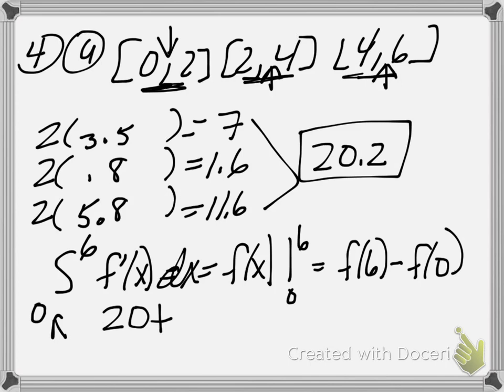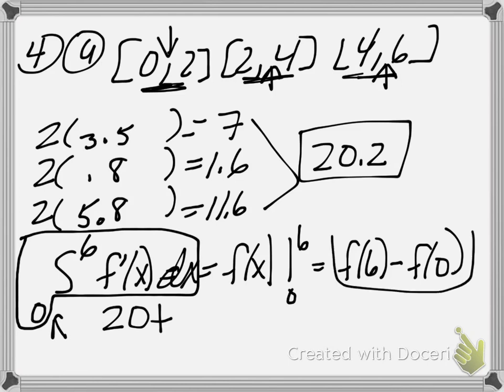Okay, just for your point values, let me stop for a minute. If you did this, that got you 1 point. So we have f of 0 is 20, that's where we started. Now, what is f of 6?